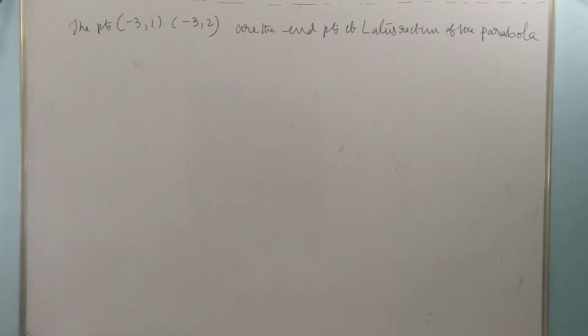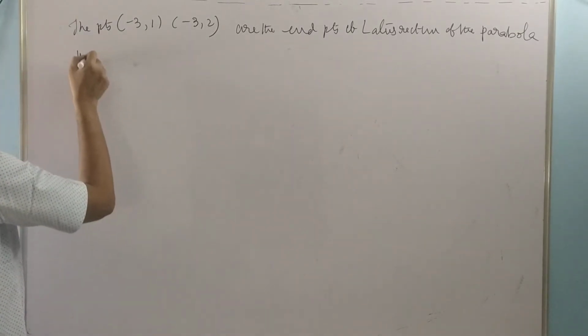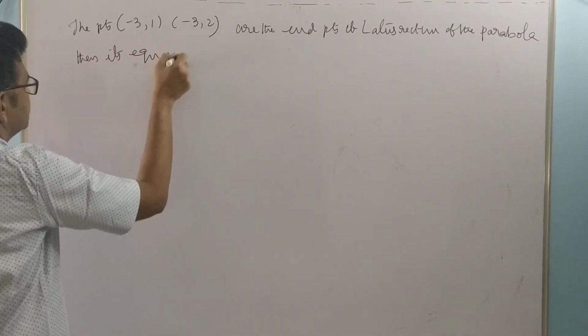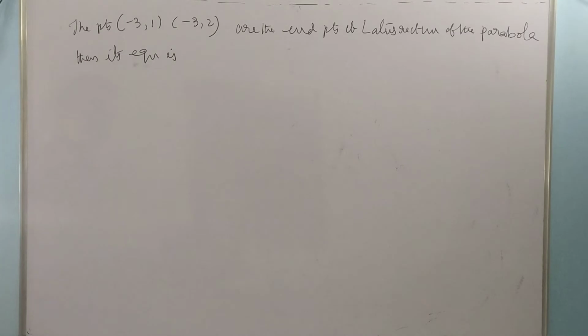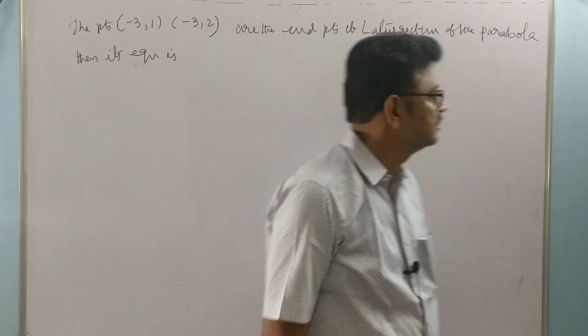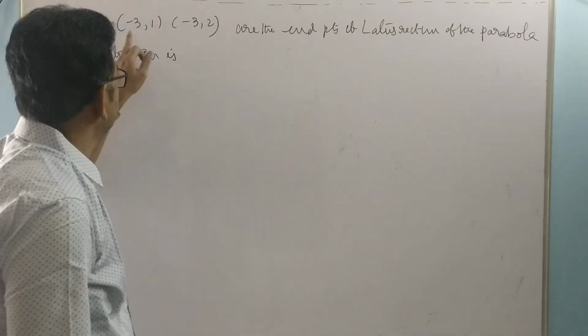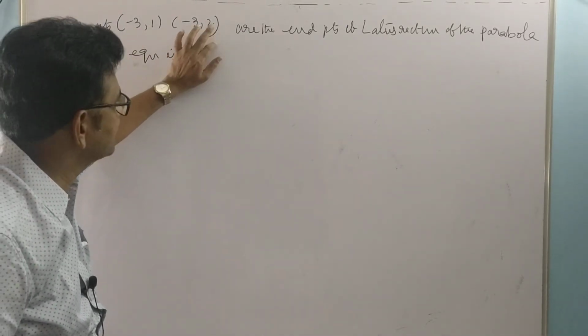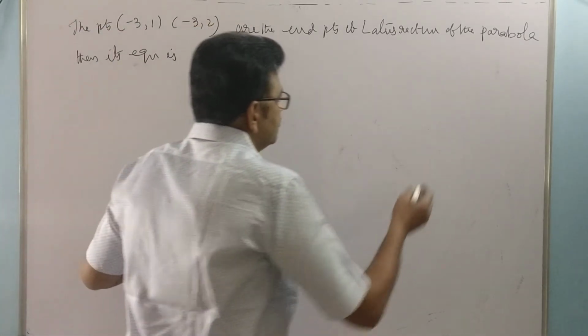Then what is the equation of the parabola? Minus 3 comma 1 and minus 3 comma 2 are the end points of latus rectum.